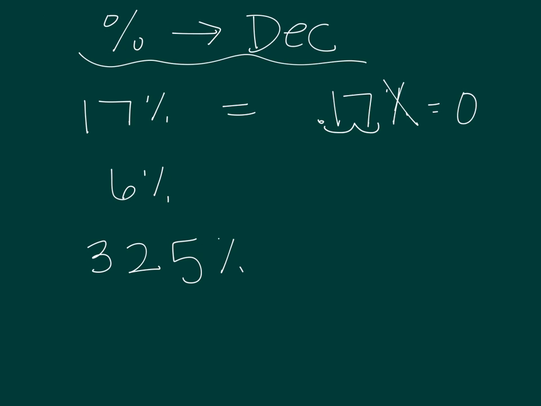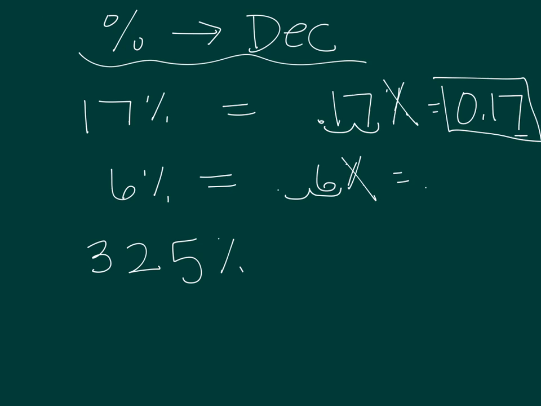This is going to be 0.17, which makes sense because it's 17 out of 100 and the 7 is in the hundredths place. 6%. Take the percent sign off, decimal twice to the left. 0.06. 6% means out of 100, and here the 6 is in the hundredths place, so that makes sense.